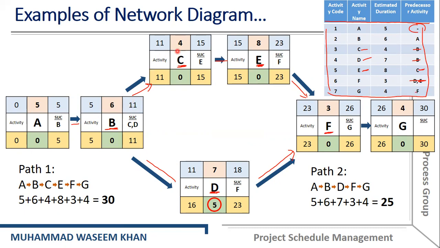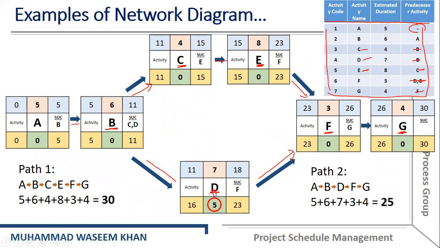Now, as you can see here, activity C and activity D both depend on B. So we can draw activity C and D here. The earliest start of activity C and D both will be 11, which is equal to the earliest finish of activity B. The duration of activity C is 4, so 11 plus 4 is equal to 15.